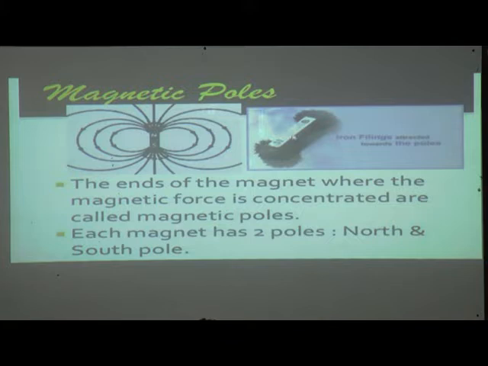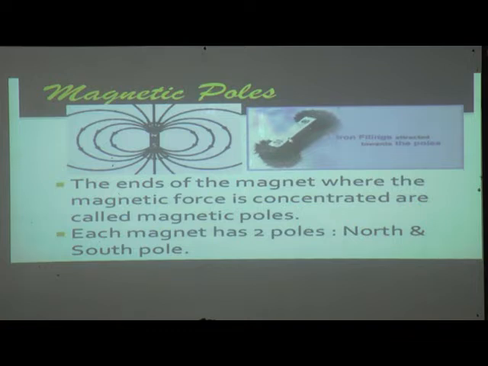Suppose we dip that magnet into the iron filings. When we pick it up, we will see that most of the iron filings are attracted towards the ends only. Mostly we can see iron filings attracted towards the south pole and the north pole.